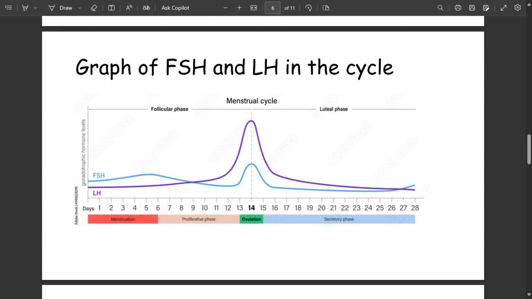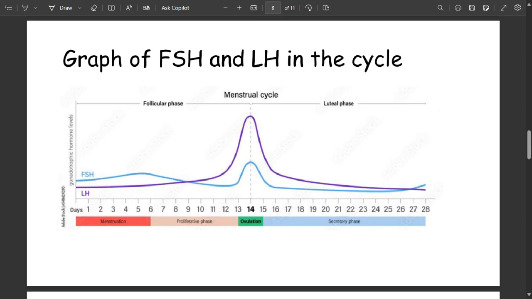Okay, so this is simply a graph that is going to show what happens to follicle stimulating hormone and luteinizing hormone in the cycle. At mid cycle, like we had said, the LH surge is a very prominent structure. It's going to elevate the concentration of luteinizing hormone, shown in purple.